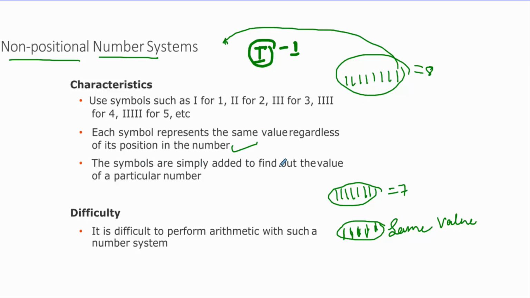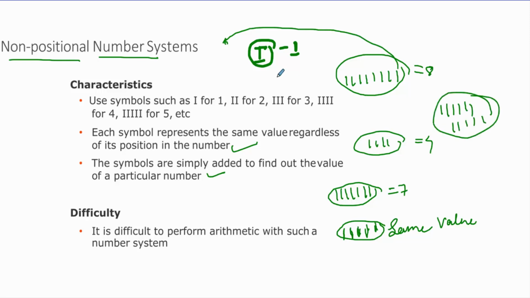Now you can see the symbols are simply added to find out the value of a particular number. Here 1111, what does it mean? It means 4, correct? By representing 4 vertical lines, you will get to know that this is equal to 4. That is the characteristic. The next characteristic is that if I write many lines and wanted to add these together, that is very difficult.